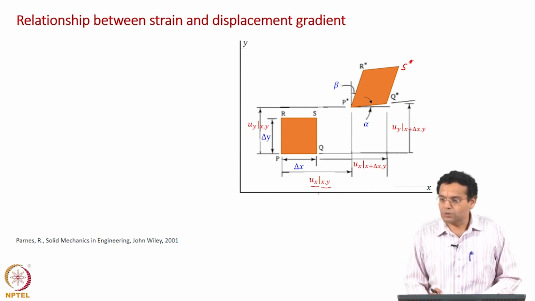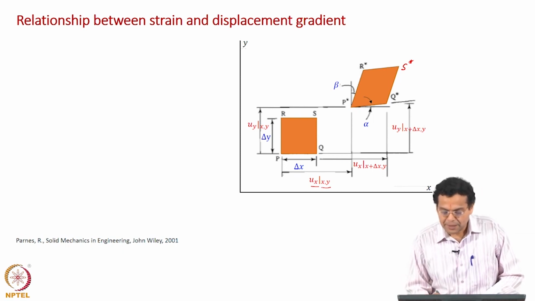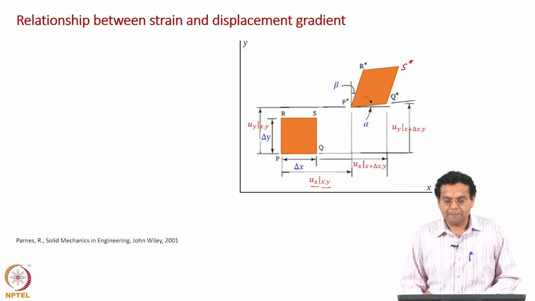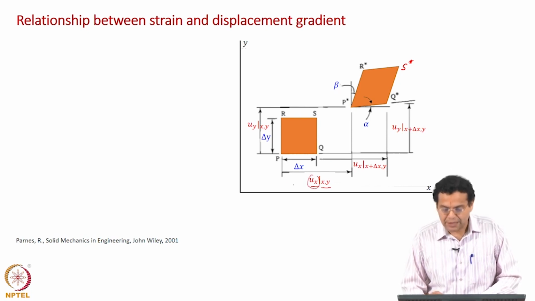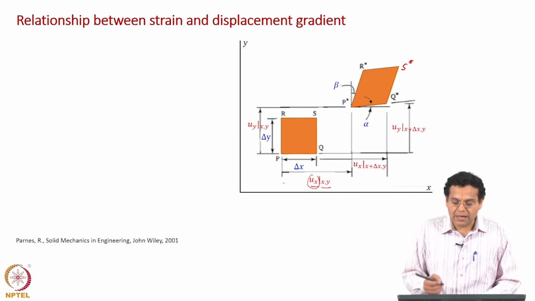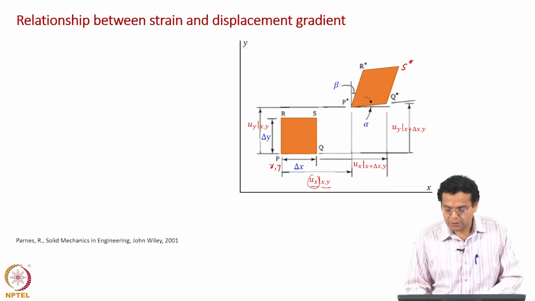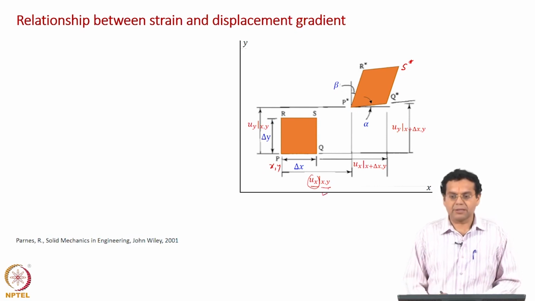We have not come across two subscripts, but now ux is evaluated at x comma y. Repeat again, P has got displaced to P star, that displacement is ux, but that depends on where P is present. The coordinates of P are x comma y, so ux is evaluated at x comma y.